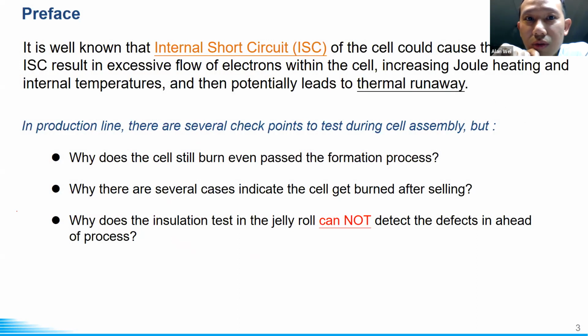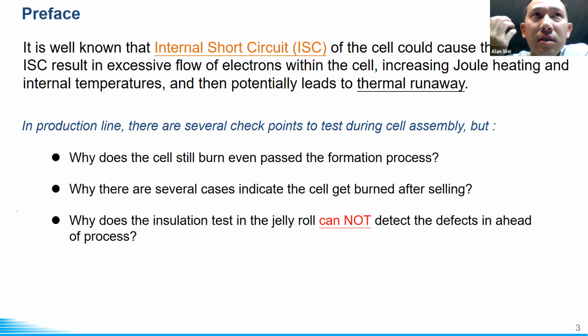But do you know why the cell still burns even after passing the formation process? During the formation process, we measure a lot of parameters, but it doesn't work. And again, why are there several cases indicating the cell got burned after selling?